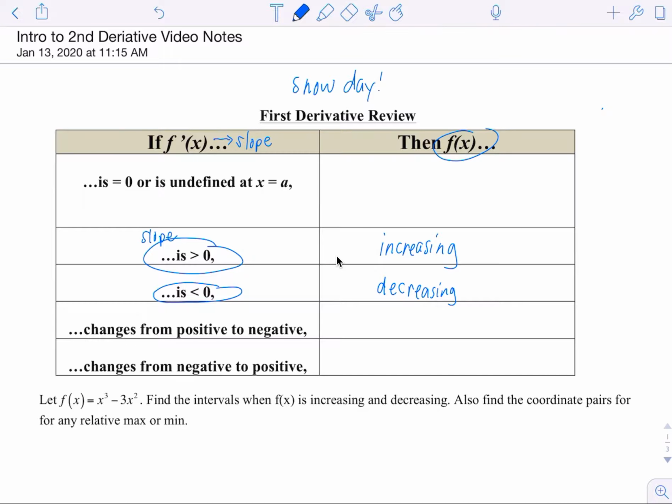Now what if the slope is 0, or is undefined at x equals a? What does that mean? That might mean that there is a critical number at x equals a.